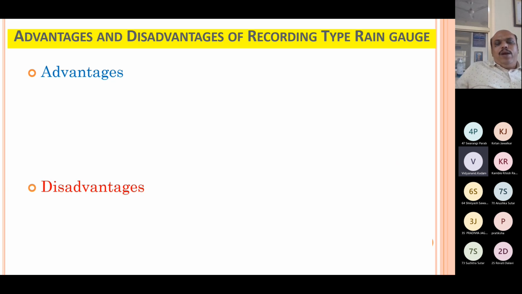Just now I have taken the review of recording and non-recording type of rain gauges. Now the point of discussion is, what are the advantages of recording type of rain gauges? You can answer this question by comparing this with non-recording type of rain gauges. What is the advantage of recording type of rain gauges over the non-recording types?